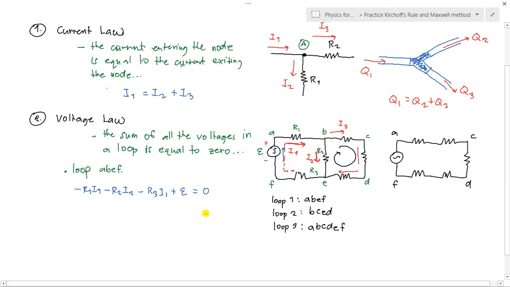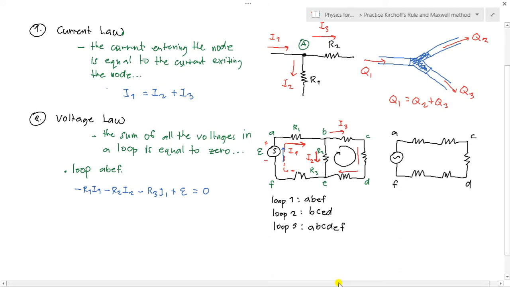If the direction is from negative to positive, meaning from the negative terminal to the positive terminal, that is a voltage increase, so we have a positive sign. However, if the direction is from positive to negative, we have a voltage drop, therefore it is negative.